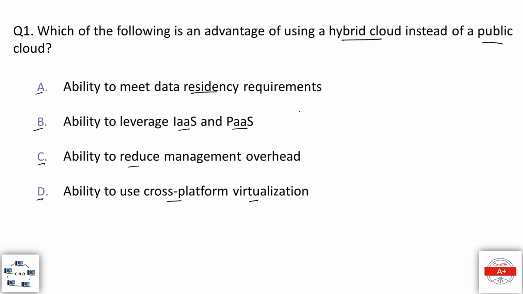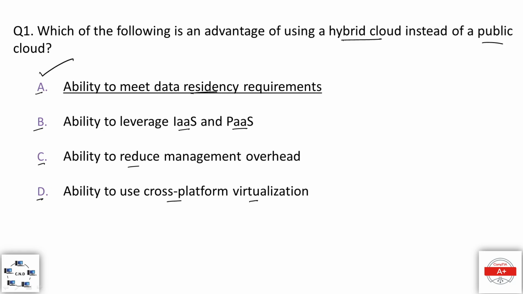So I will display the correct option after this countdown. And the correct option is option A, ability to meet data residency requirements.